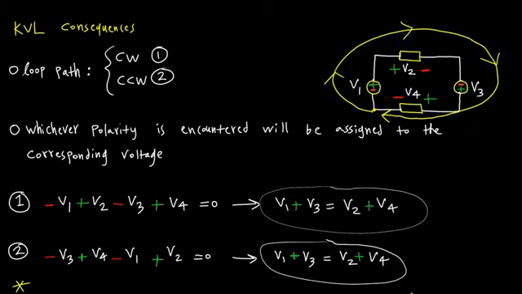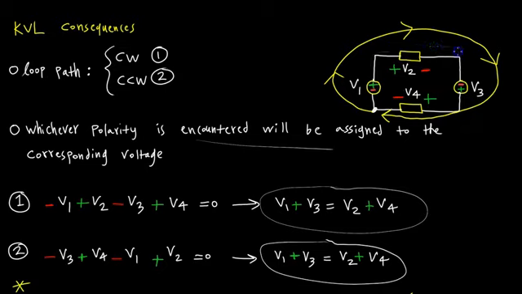As I go along that loop, from this point I go up and I see V1. With V1, I see the negative sign. As I stated, the polarity encountered first is going to be the polarity used, so I get negative V1. I keep going up, I see V2, but then I see the plus polarity here, so it's plus V2.